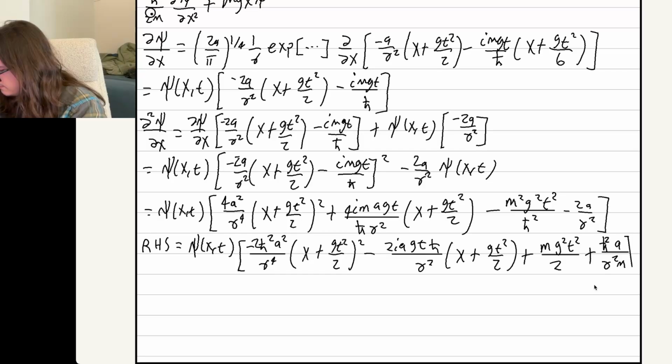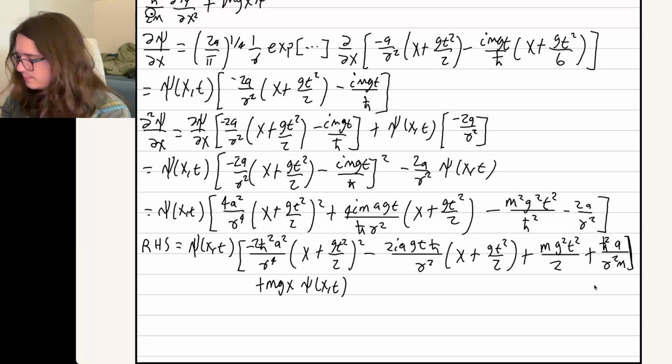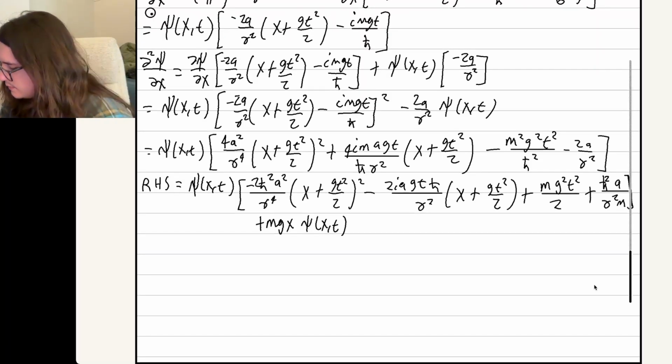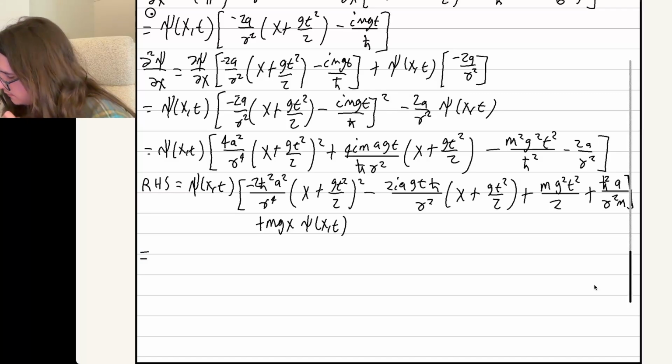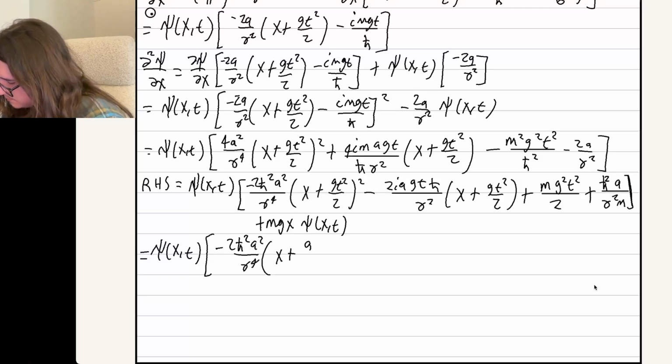But then we also have the plus mgx times psi from before. So putting that all together, we have psi of x and t, minus 2 h bar squared a squared over gamma fourth. We're going to keep that term the way that it is.